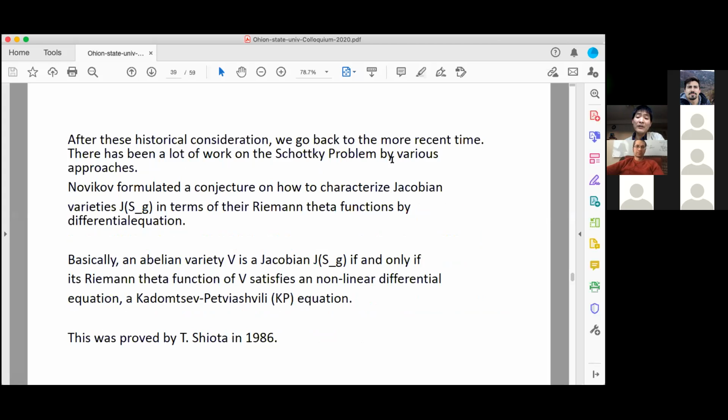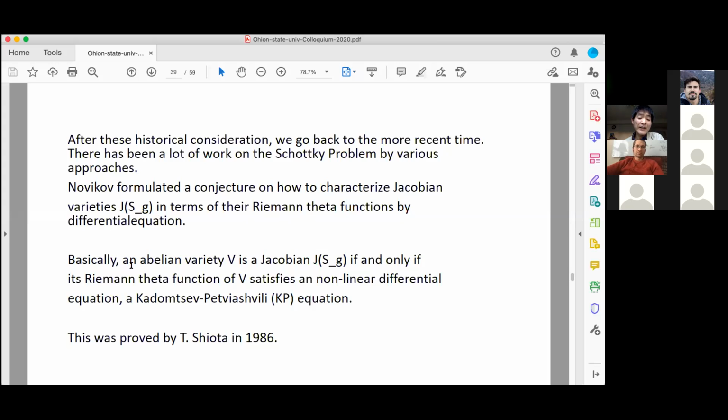Now let's go back to more recent times. There has been a lot of work on the Schottky problem by various approaches. Novikov formulated one conjecture on how to characterize the Jacobian varieties in terms of the Riemann theta function by differential equations.